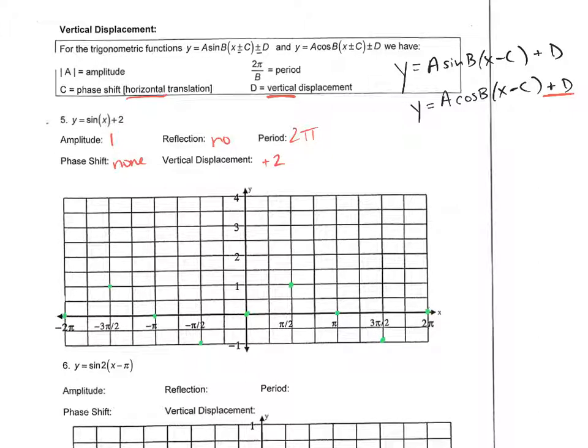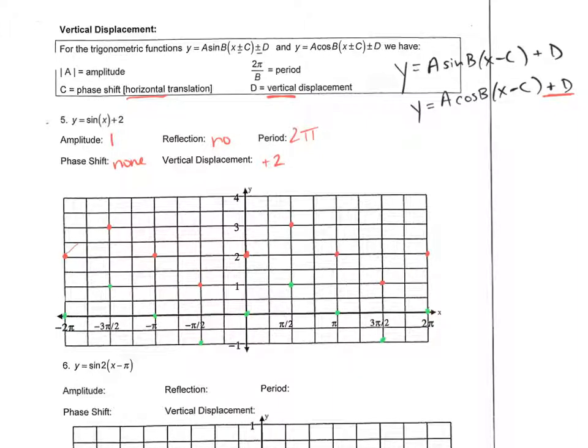So what was a 0 now becomes 2. My maximums were 1, but now I'm going to add 2 to those. So 1 plus 2 is at 3. And my minimums are now going to be up 2 from where they were. So -1 plus 2 is +1 is now where my minimums occur.